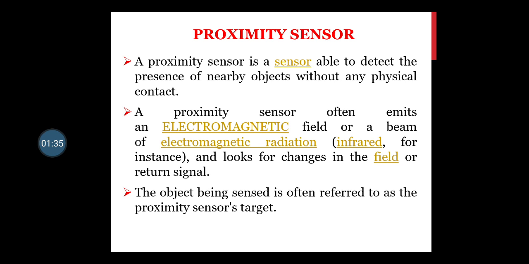A proximity sensor often emits an electromagnetic field or electromagnetic beam or radiation like infrared, and looks for a change in the field or the return signal.